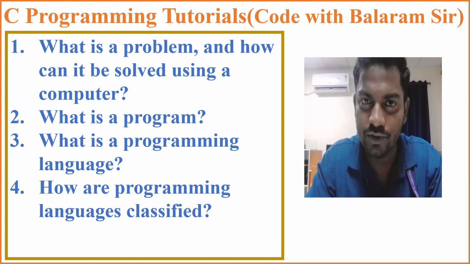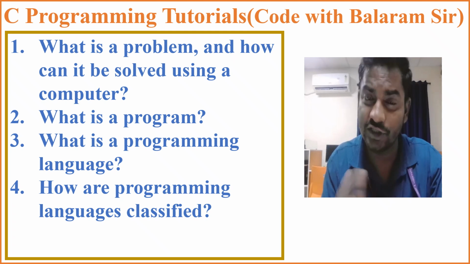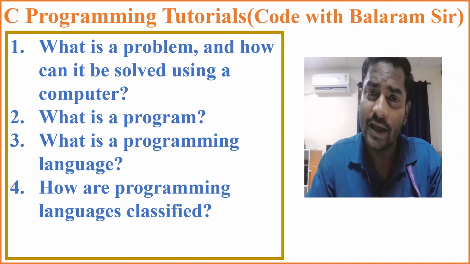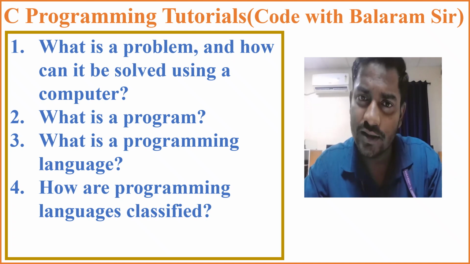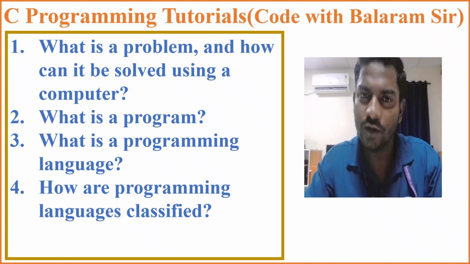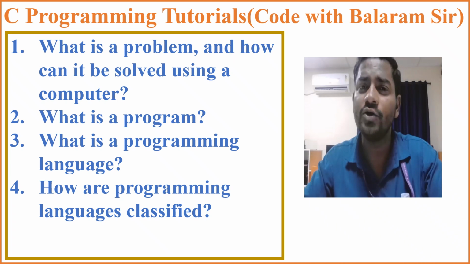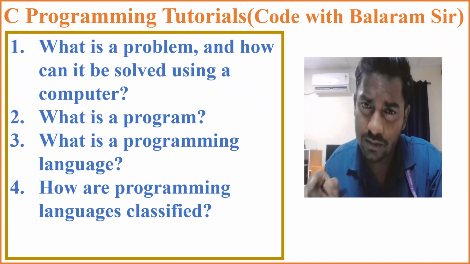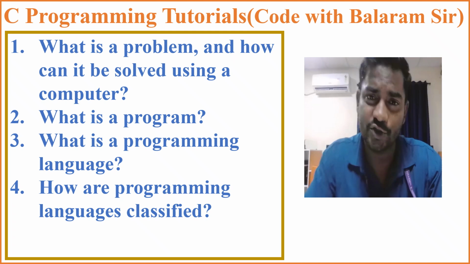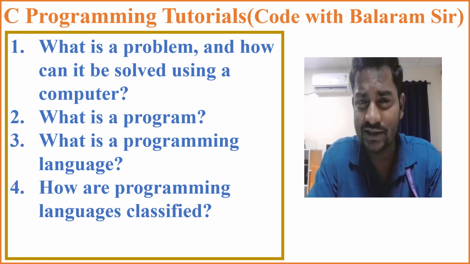We have to convert that into 0 and 1 format first. Then only computer can understand and computer can execute. So a programming language is required to give the input to the computer, and through the programming language our input will be converted into 0 and 1 format so that computer can understand.